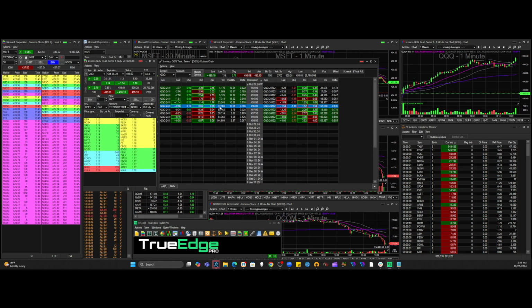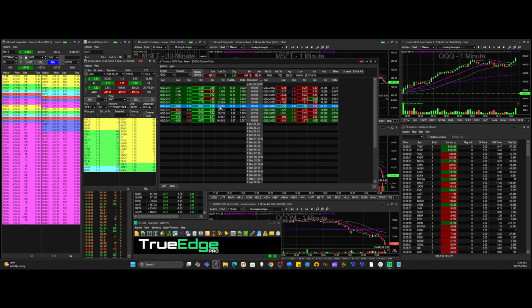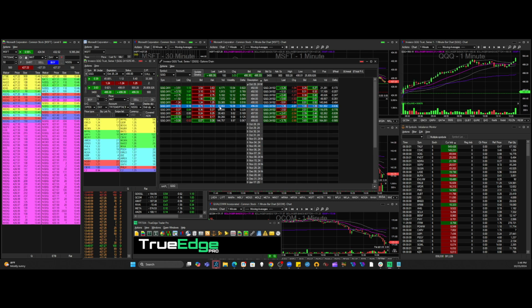Because remember, an option that expires, if it's not in the money, is going to expire with no value. So if I'm buying an at the money option on an expiration day, even if I buy an in the money option, whatever time value I have, I'm going to lose 100% of it by the end of the day if the stock doesn't move in my direction.